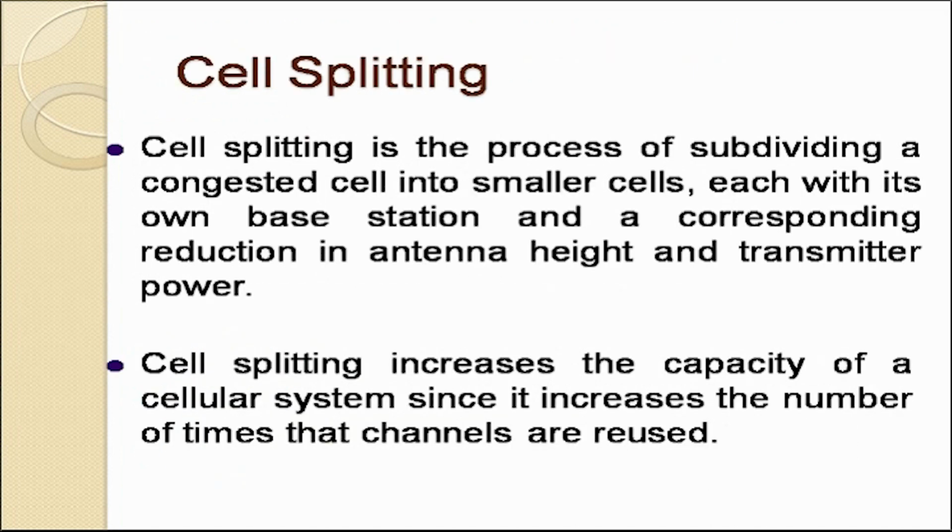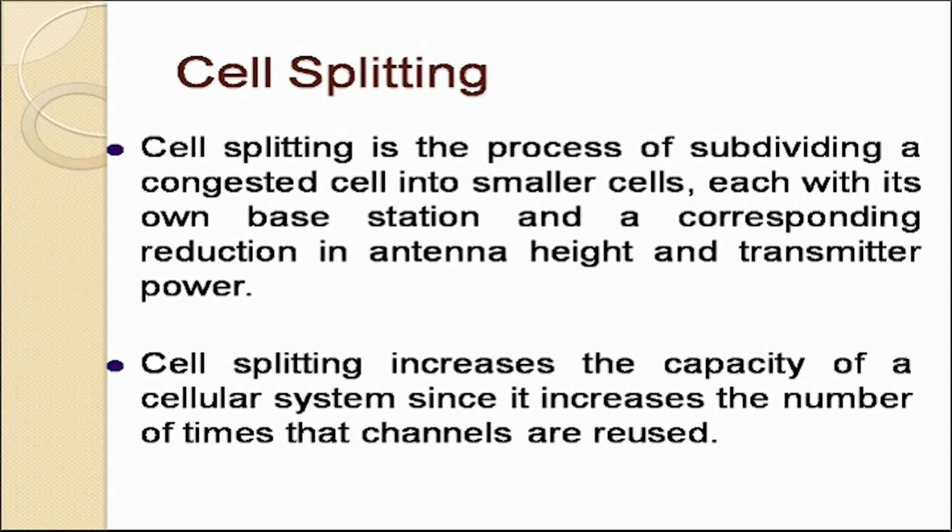Cell splitting, the definition of cell splitting. What is cell splitting? It is the process of subdividing a congested cell into smaller cells, each with its own base station and a corresponding reduction in antenna height and also in transmitted power.